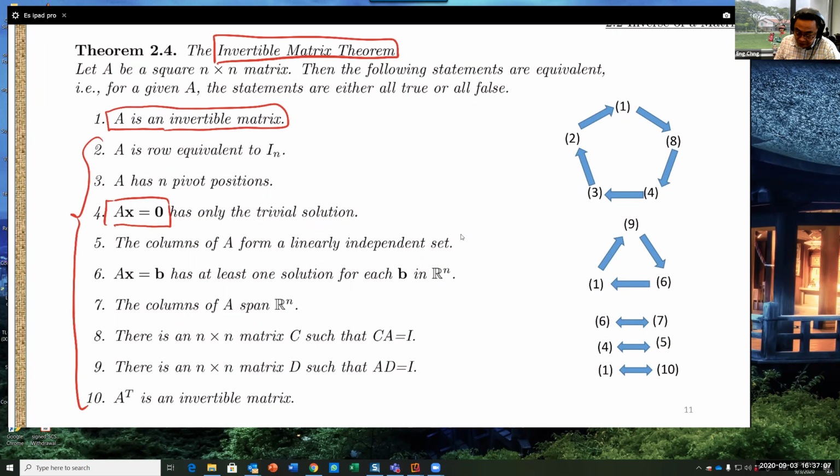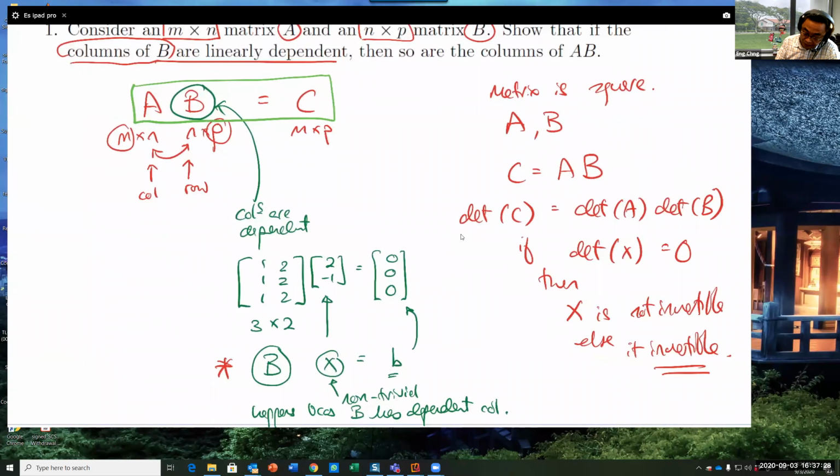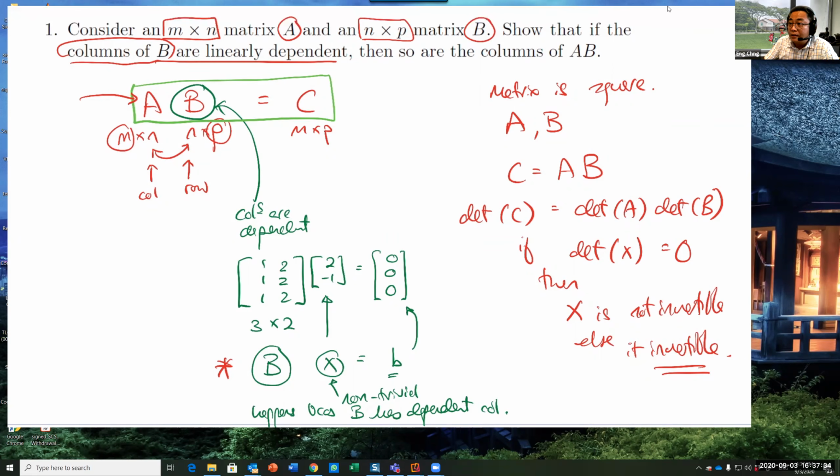Here, Ax equal to 0 can only be true when x is the trivial solution, meaning x is also equal to 0. All right. But this is only for square matrices, so you have to be very careful. In our question, both A and B are not square matrices, so we cannot apply this determinant reasoning.